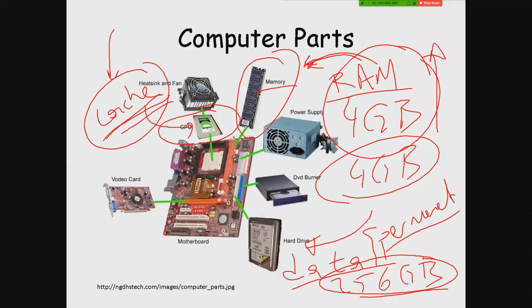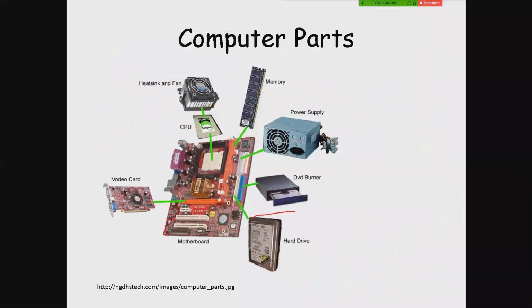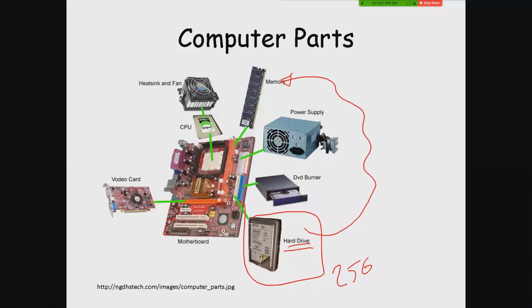When your computer first starts up, your operating system, Windows or Mac, has its own data, its own programs, its own apps. All of those are contained in the hard drive. That information is transferred to the memory. Your hard drive is 256 gigabytes. This one is, say, 4 gigabytes. We cannot really load everything that we have on the hard drive.